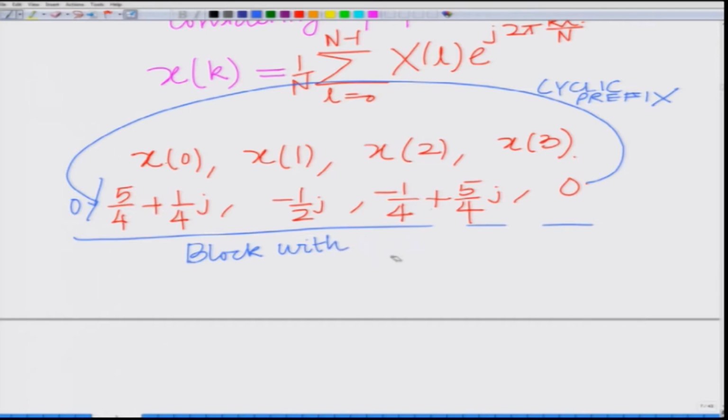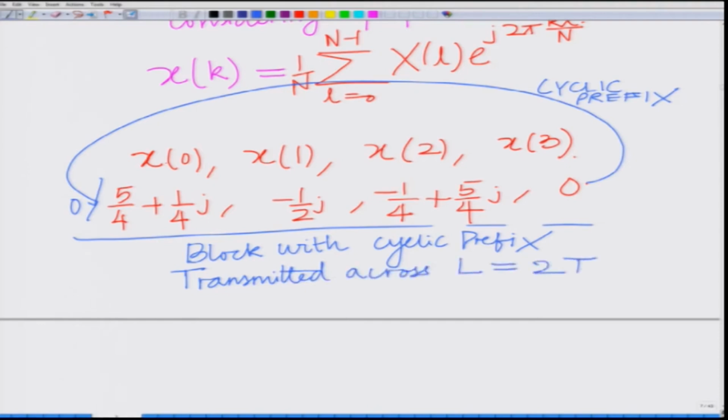This block with cyclic prefix is transmitted across the channel, across our L equal to 2 tap intersymbol interference channel.